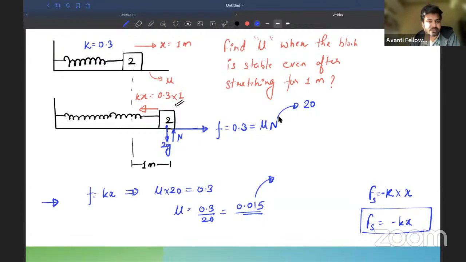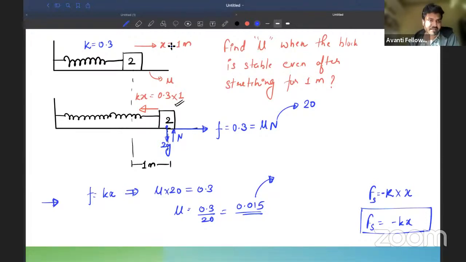Force of spring में इतना याद रखो, it is equal to kx. K क्या है? K is a constant value that will be given in the question. X is the amount of displacement that you have given to the block. जितने से block displace किया है, it can be in the direction of spring or away from the spring. That is x. What is the force of spring when it is disturbed?